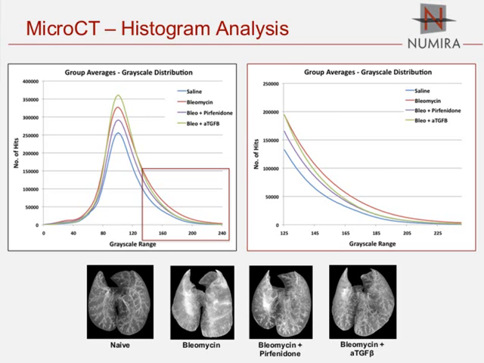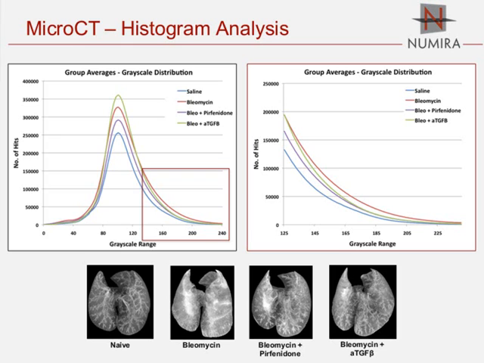So the saline group, the control with the blue curve, sort of at the bottom left, showing not nearly as many bright voxels, in contrast to the right bleomycin curve, which is above and to the right of it. And then you have these 2 groups in between, the treatment groups, showing very different curve types for the pirfenidone and the anti-TGFß.